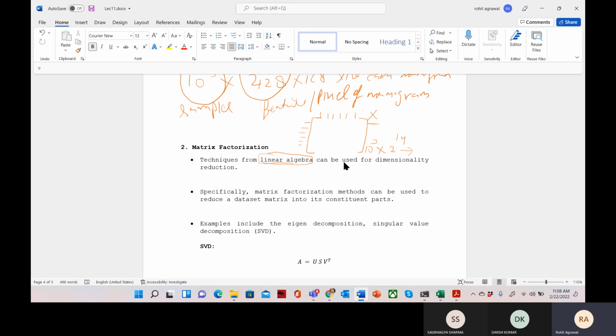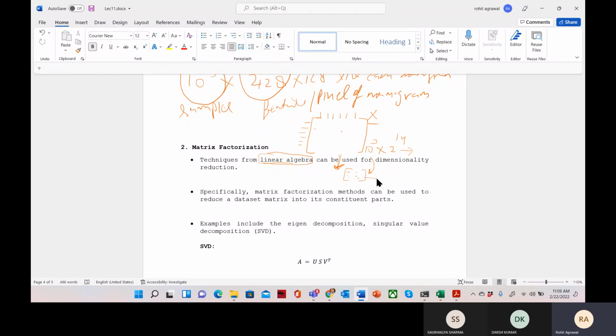What they do with this technique is transform this matrix into some other form of matrix, which might have some other data. That means you have some data here, and using linear algebra, we transform from this to this.